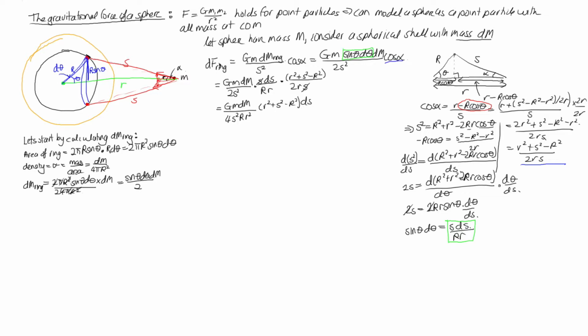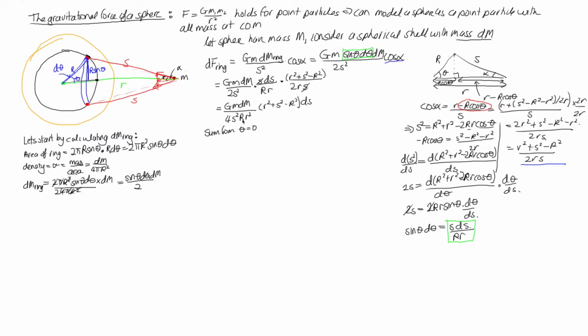Okay, so that tells us the total force from this ring here is an attractive force, so it's going to be to the left on this mass here. But now what we want to do is sum up all those rings across the entire spherical shell. So we want to go from theta equals 0. So theta equals 0 is here.